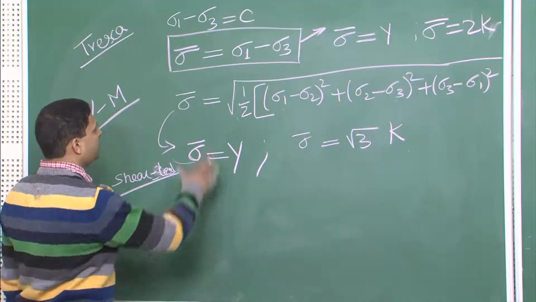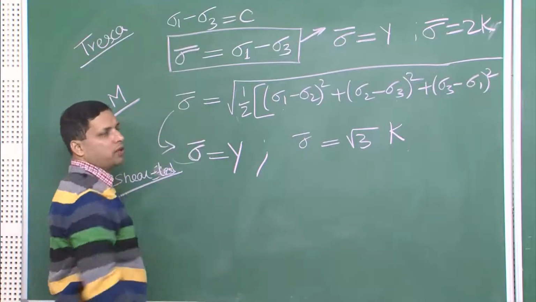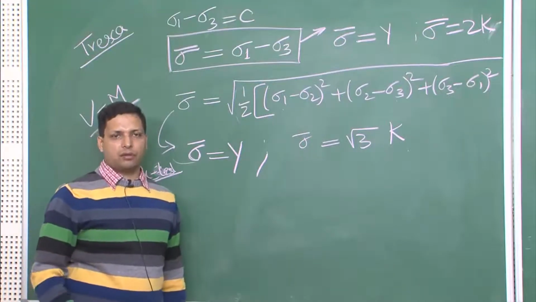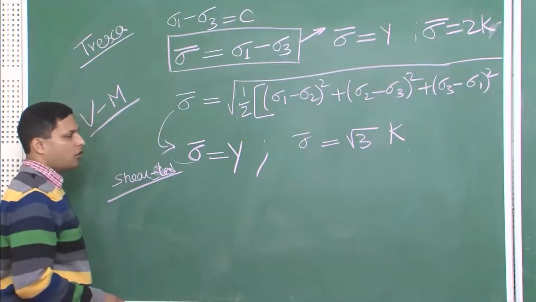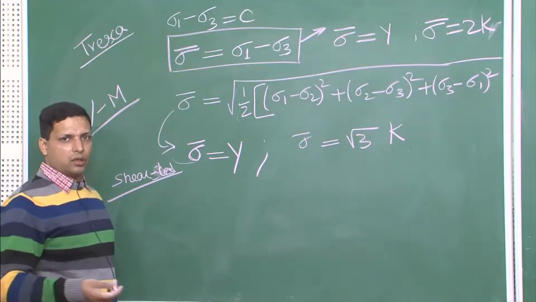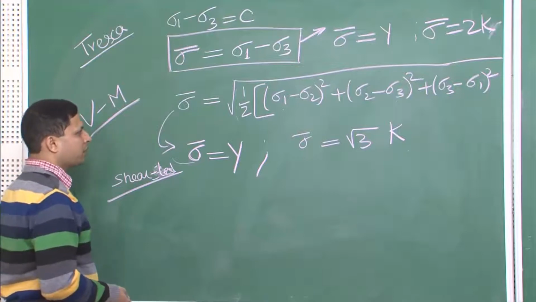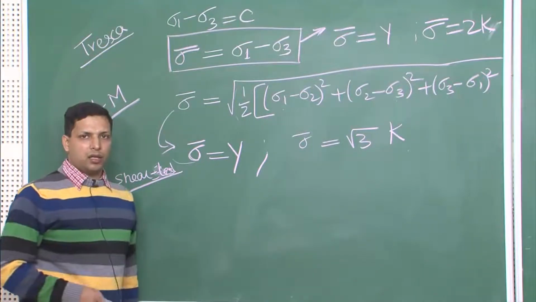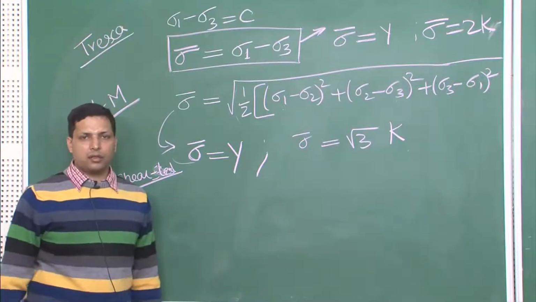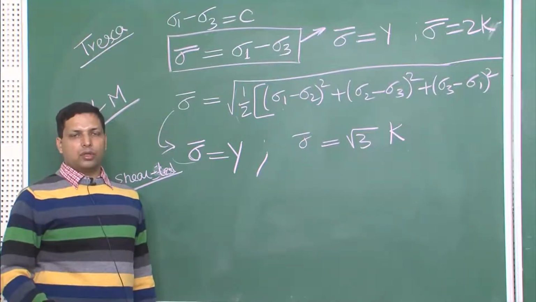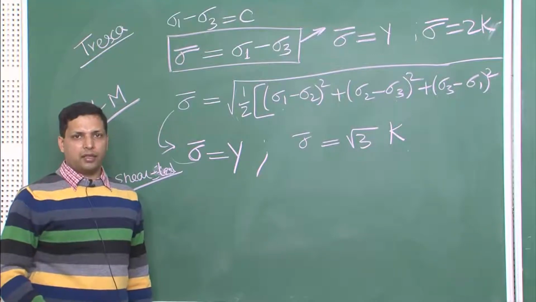But the important thing is that we are in a position to define effective stress, of course assuming a particular kind of criterion, von Mises or Tresca, or you may even have your own yield criterion. Based on that you can define an effective stress. Now if we have effective stress, then we also want to have effective strain, right?